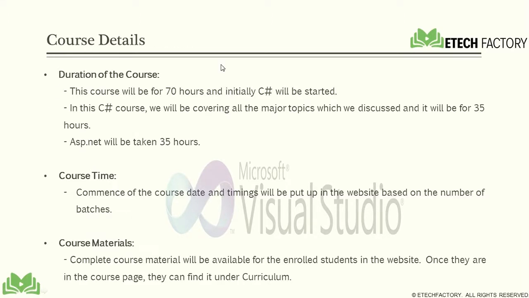The course details. Duration of the course: this course will be around 70 hours, and initially C# will be started. In this C# course, we will be covering all the major topics which we discussed today, and it will be around 35 hours.